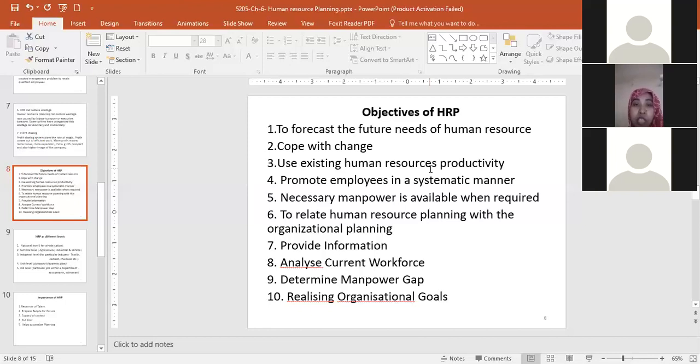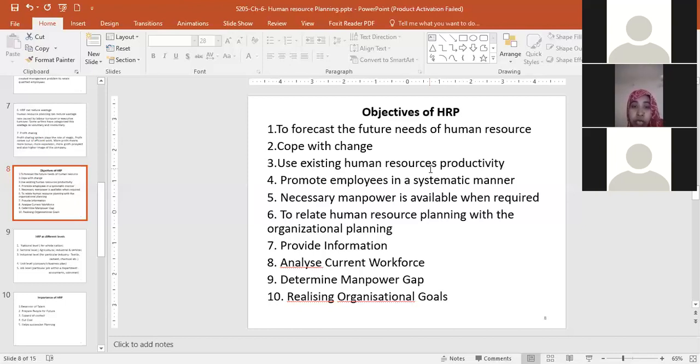Number 6 is to relate human resource planning with the organizational planning. That means the central planning.